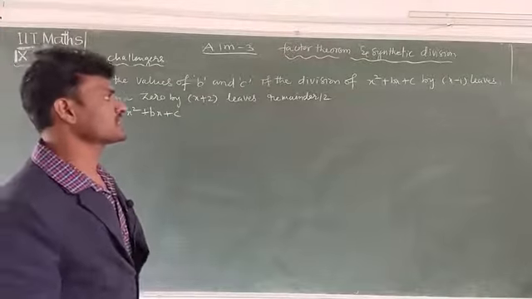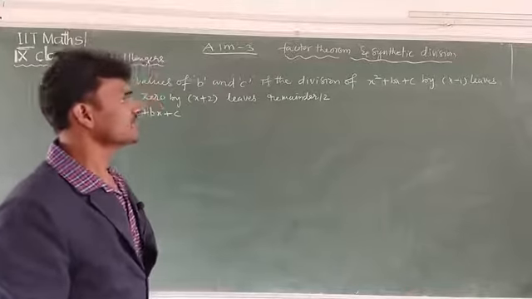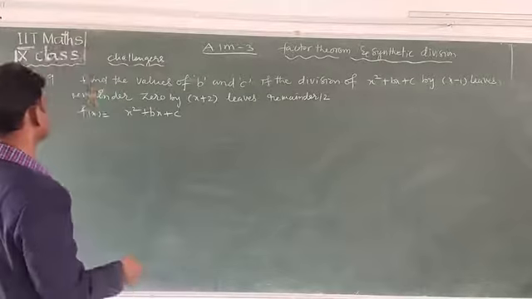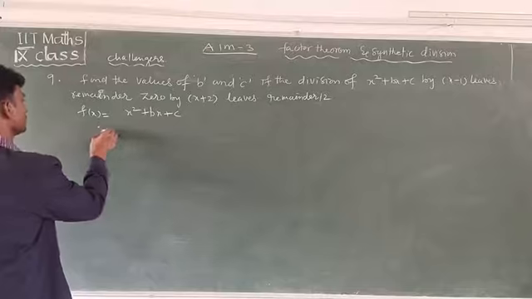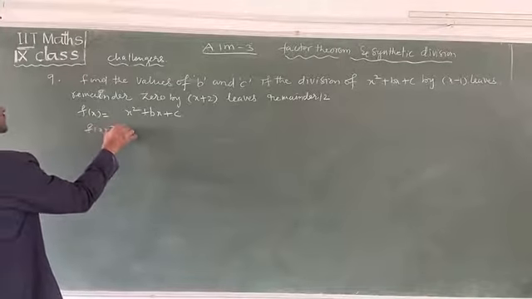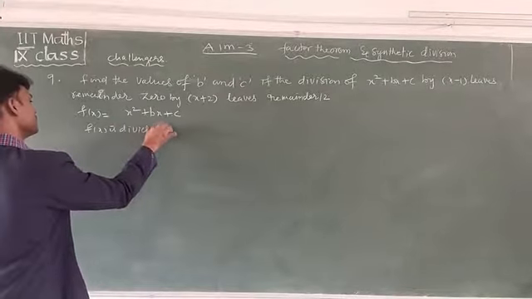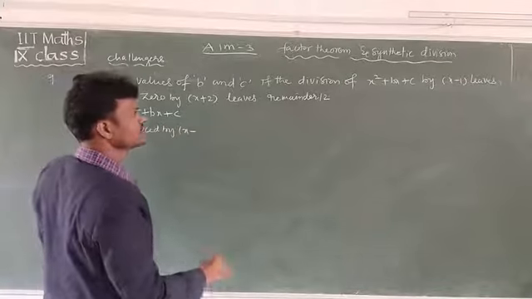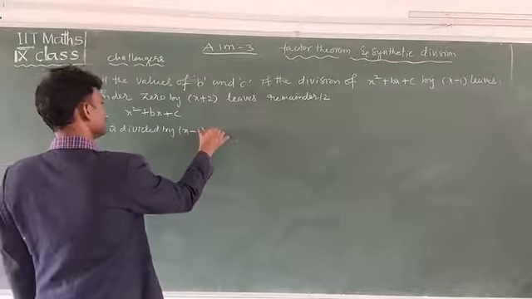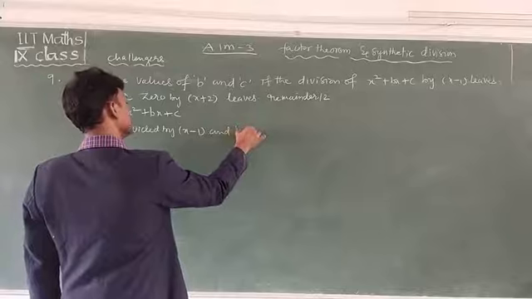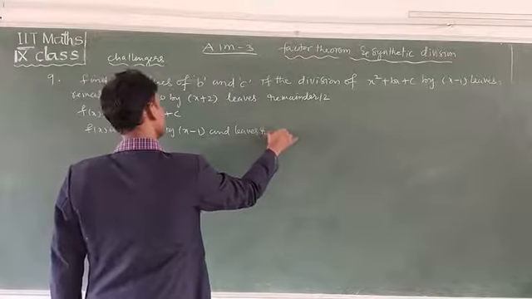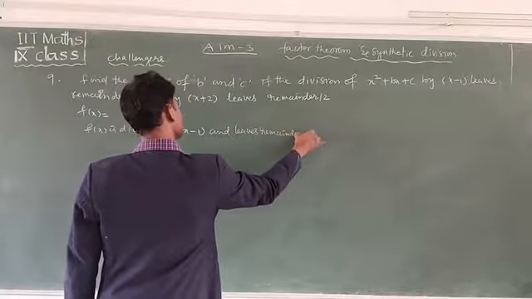Here f of x is divided by x minus 1 and leaves remainder 0.